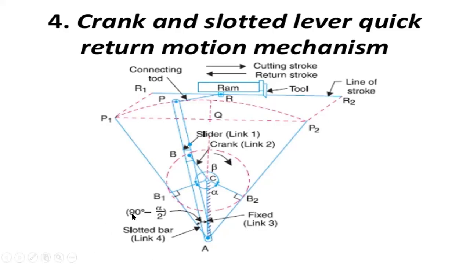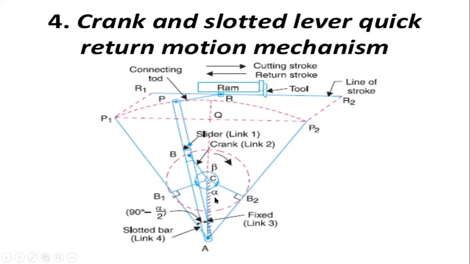and the angle between the slotted bar and the initial position is 90 degrees minus alpha by 2. Alpha is the angle subtended by the fixed link and the position B2.